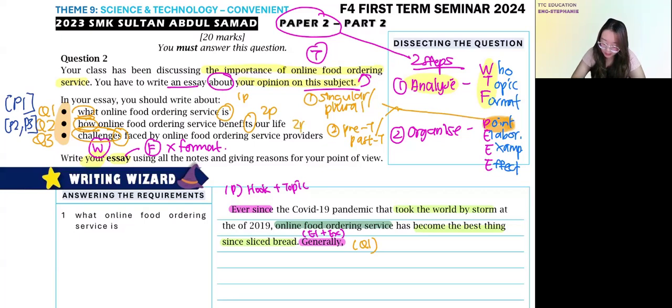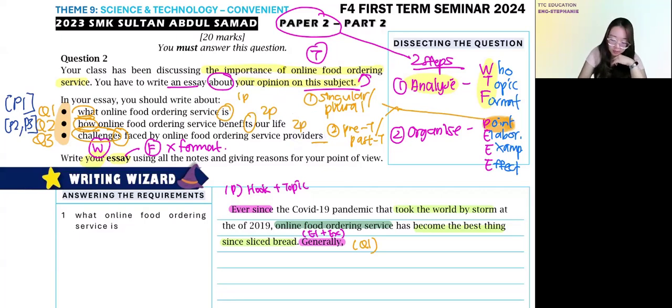Challenges means at least 2 pointers about the service. Food ordering service provider means when you try to give examples, you need to give them from different food provider perspectives, or at least list out a few food ordering service providers. Okay, so here it demonstrates 1 point, 2 points.